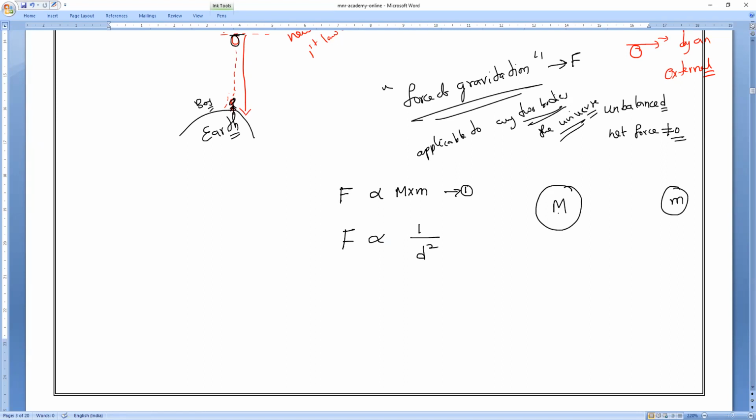Sir, I cannot understand here. D means distance. Take any two bodies in the universe; they will each have a center.